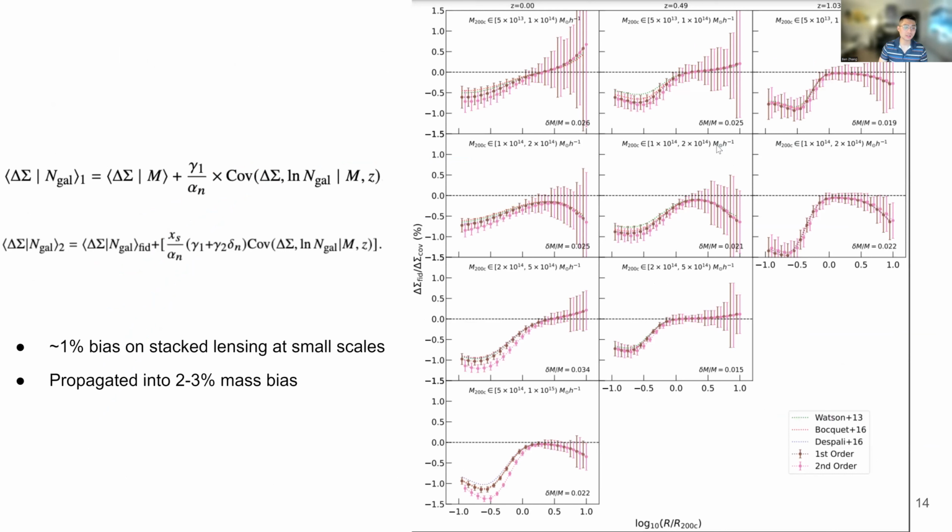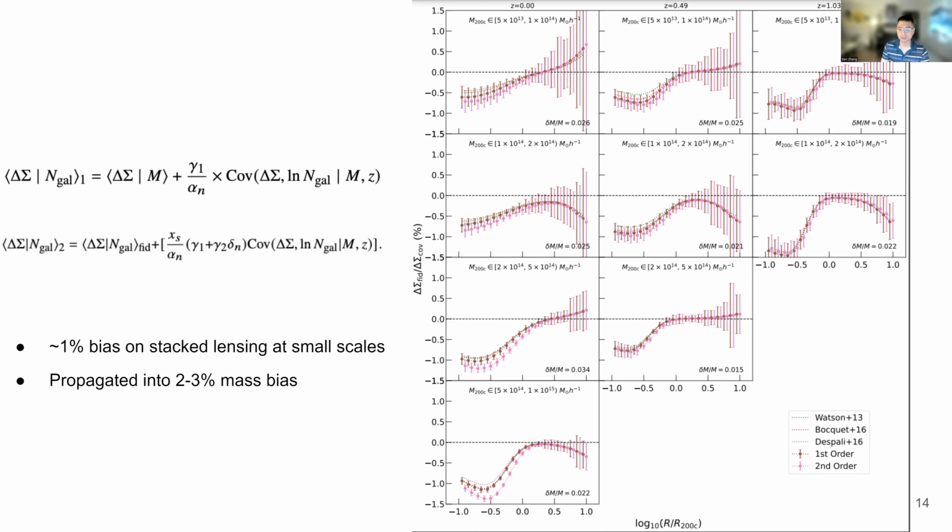Next, we model the scaling relation, the impact of the scaling relation on the covariance. Here, the equations give us the first and second order dependence of the impact that the scaling relation has on the covariance, where gamma 1 and gamma 2 are respectively the first and second order Taylor expansions of the halo mass function, and alpha of n is the slope of the mass richness relation, which is roughly equal to 1.